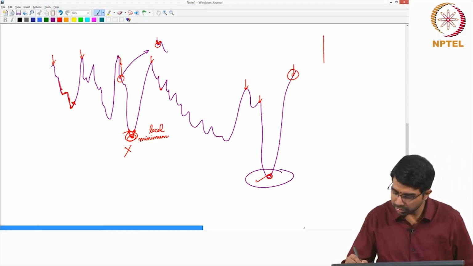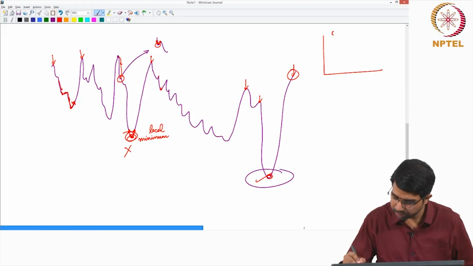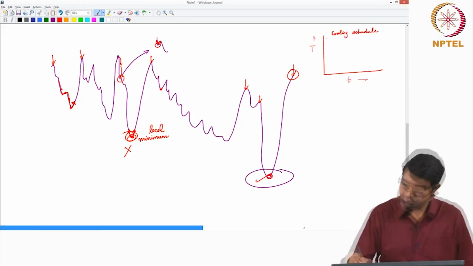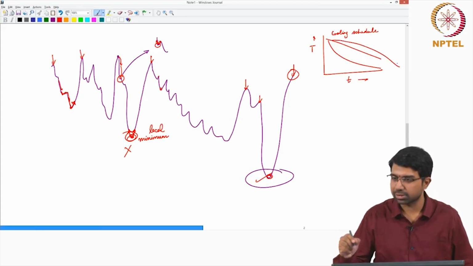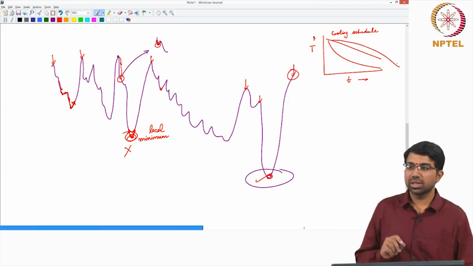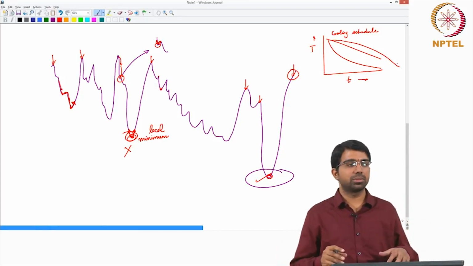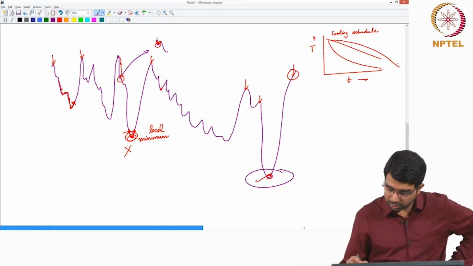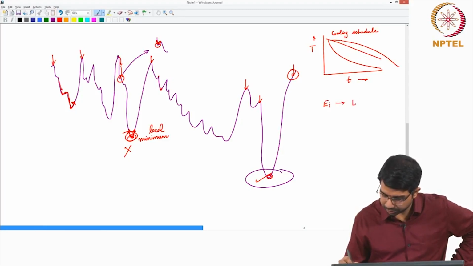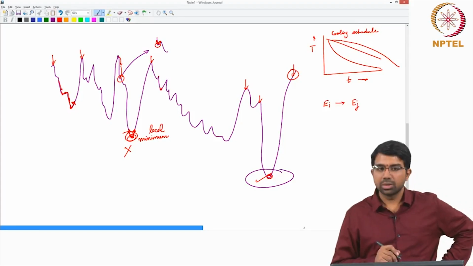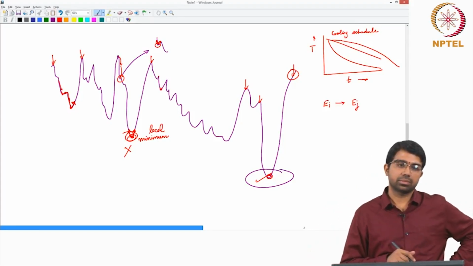But what you usually do is you have something called a cooling schedule, it may look like this or like this or like this. What is the rate at which you cool down the system? Let us say you move from Ei to Ej, right.